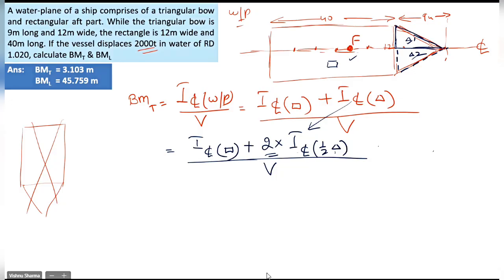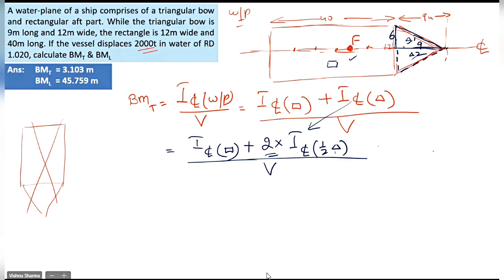And in this triangle, this side will be 6 meters, half of 12, and this side is 9 meters. You already know 4.5 distance is 9 meters.